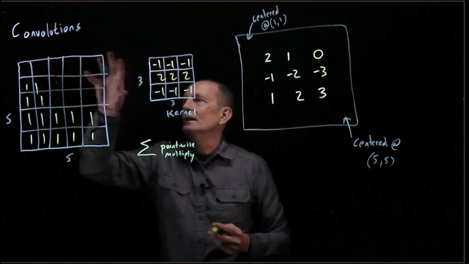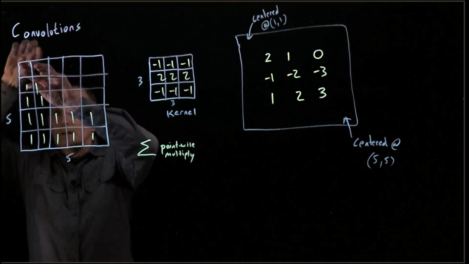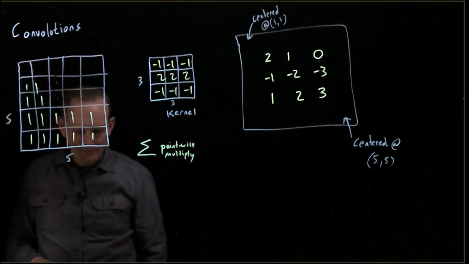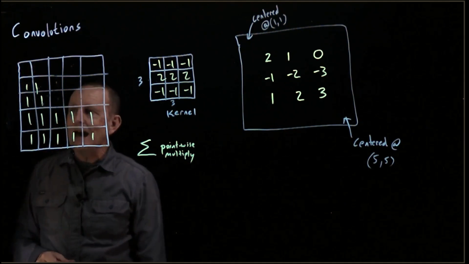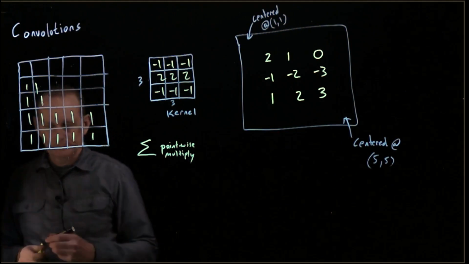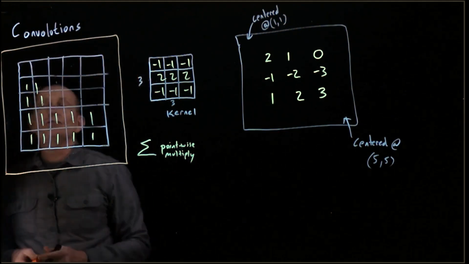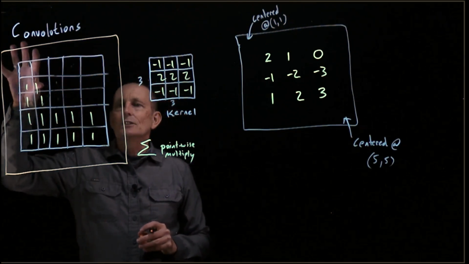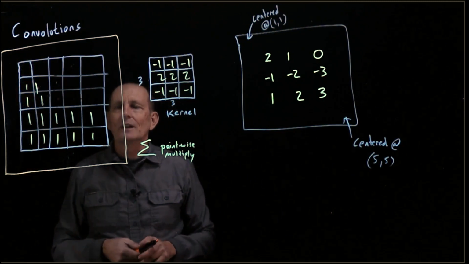If we center this at 1-1, then we've got these 4 pixels from here, and then missing pixels along the edge. What do we do? Well, we do what's called padding. We can pad in a variety of ways. The most common way is just enough so that we could center at the extreme edges. So in this case, we'd add 1 pixel all around.